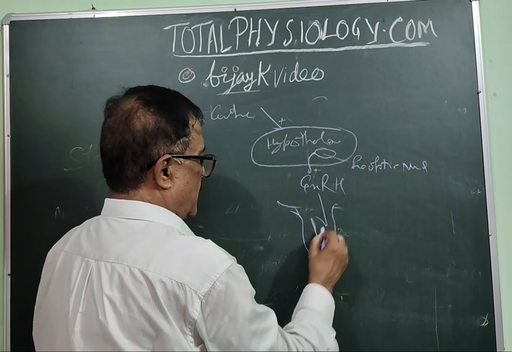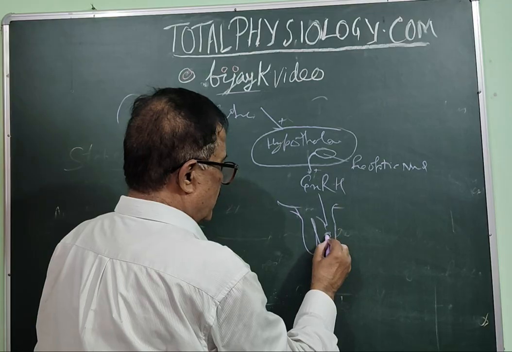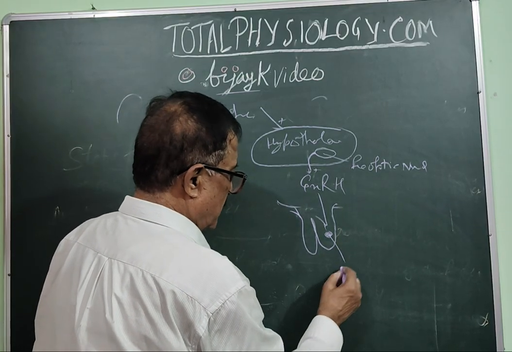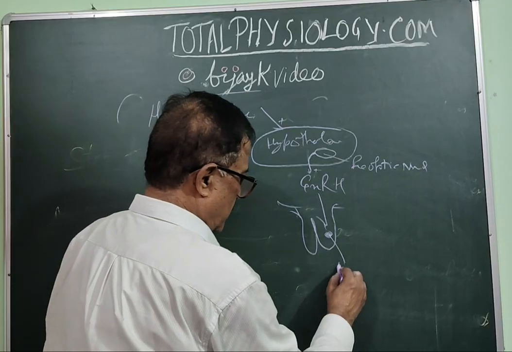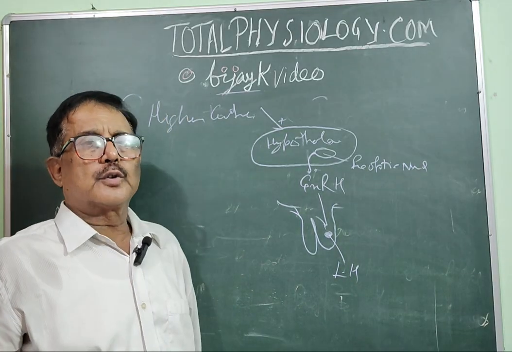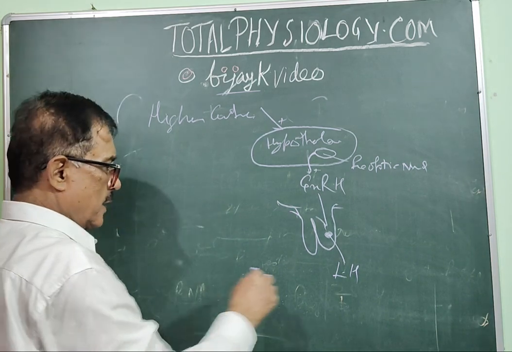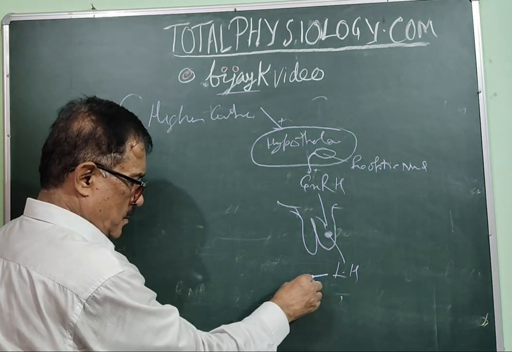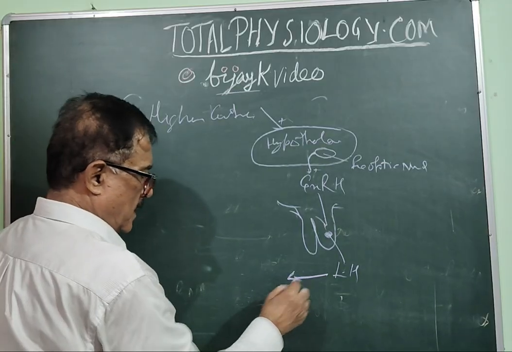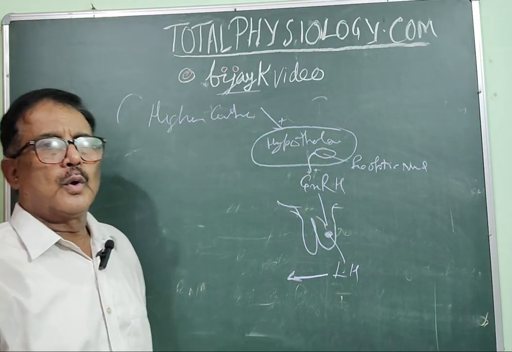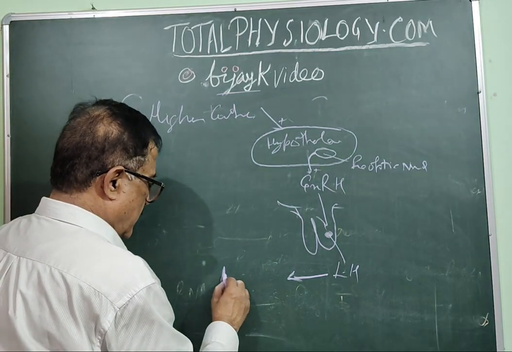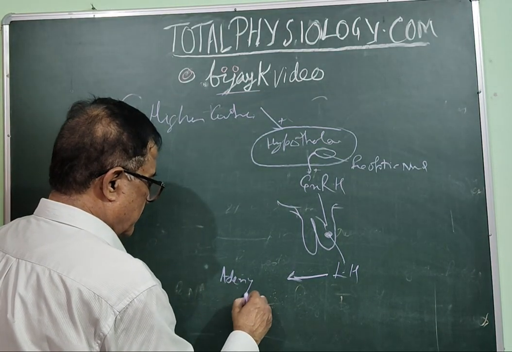the anterior pituitary gonadotropes, and this will cause formation of LH, that is luteinizing hormone. This luteinizing hormone will go to the target cell and stimulate adenyl cyclase formation.